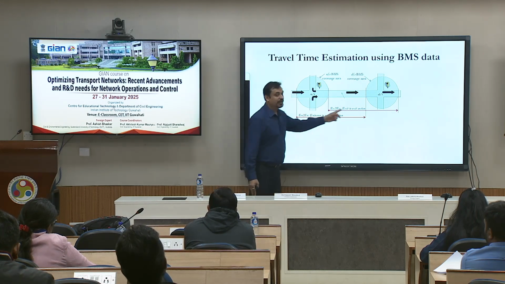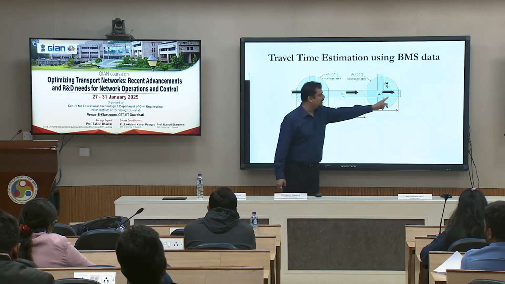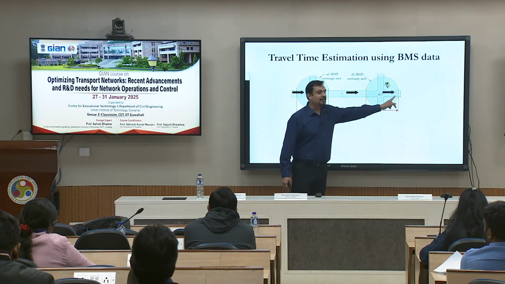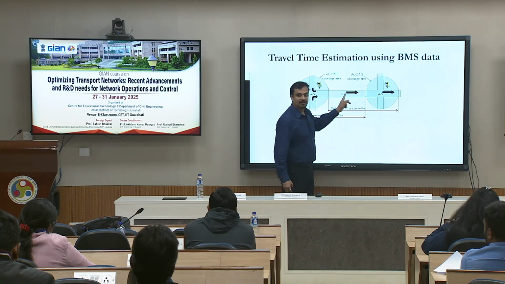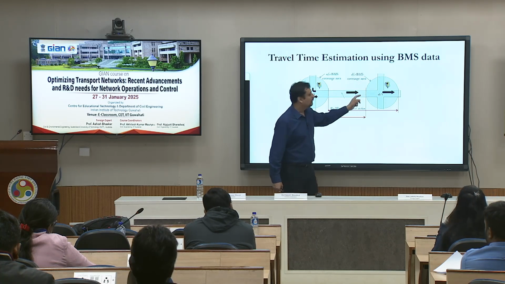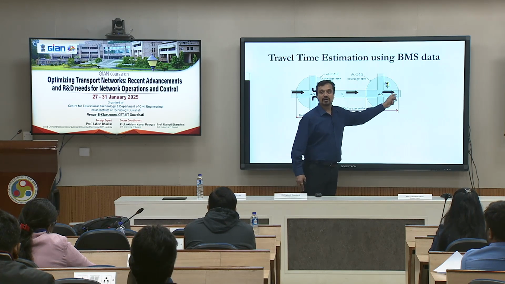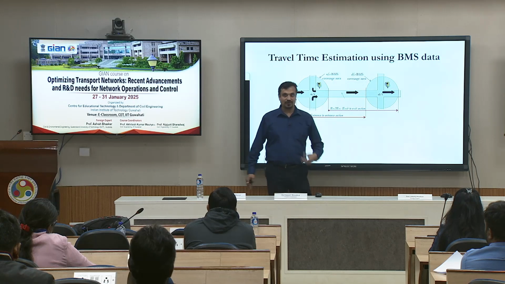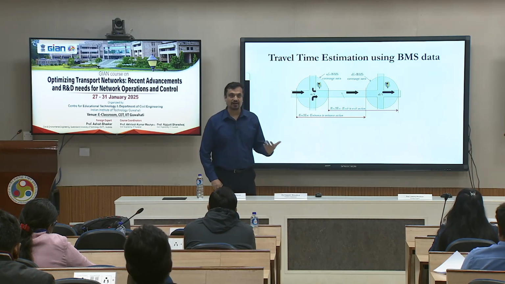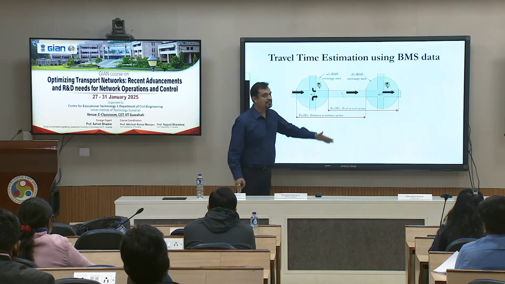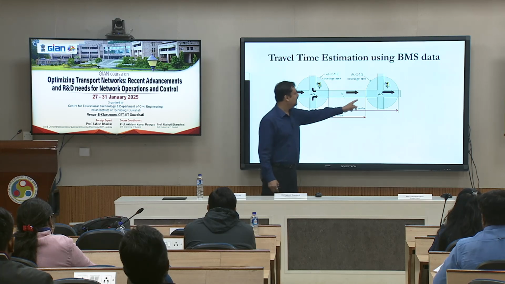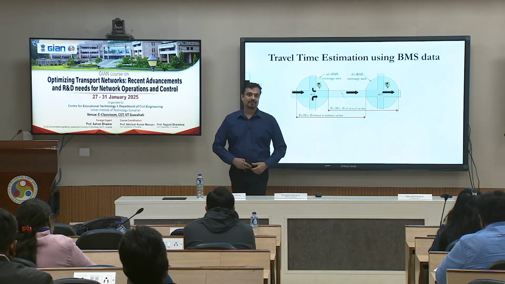But if you look at exit to exit, if it takes 3 minutes to go from here to there, then that 3 minutes includes your travel plus when you join the queue plus when you leave the queue and you exit that section. So it has all the travel features. So it is exit to exit you can use to estimate the delay at the downstream intersection.